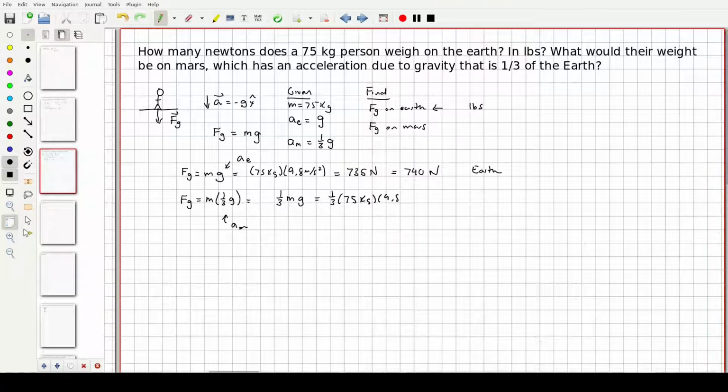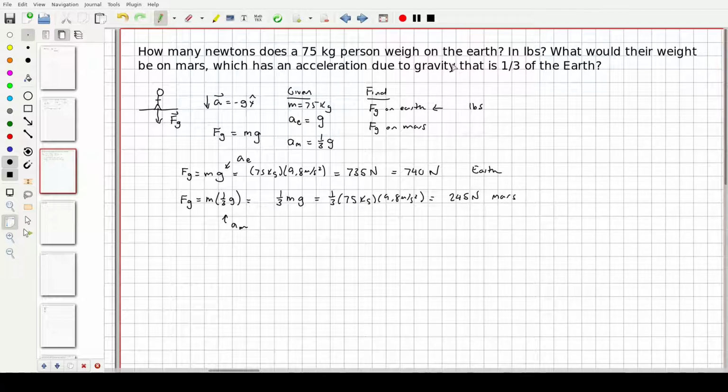It's 9.8 meters per second squared. So, you do this and you get 245 newtons. So if you want to lose weight, all you really have to do is go to another planet. Well, how well that's going to work.